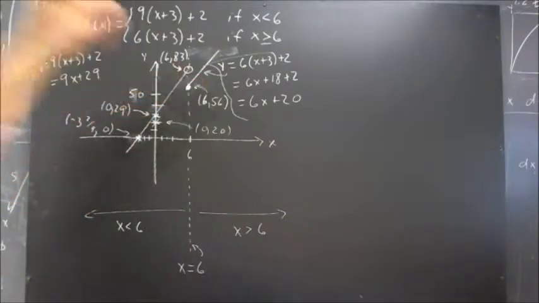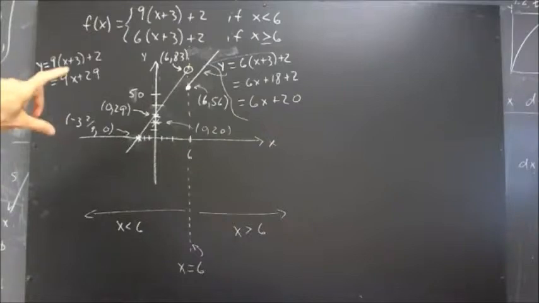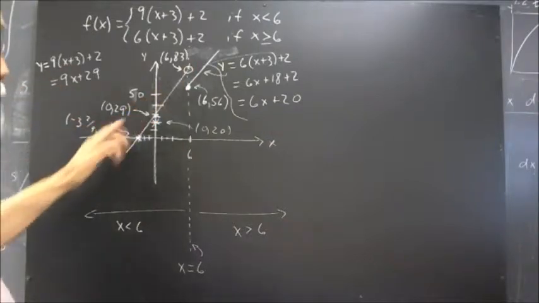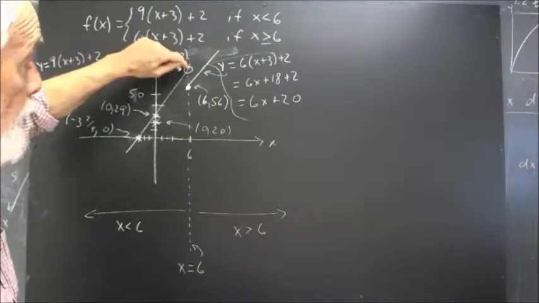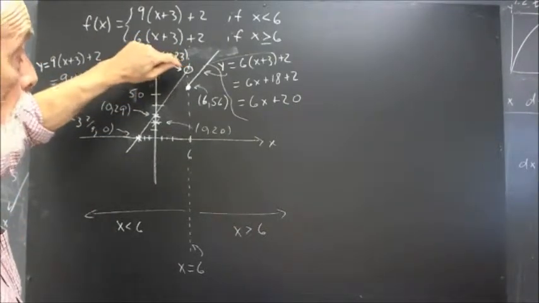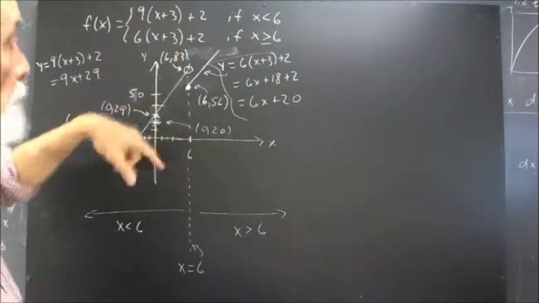And now this is the graph of our function. It's a split graph. It's a split definition. On this side of x equals 6, we have this line, not including the point where the line reaches x equals 6.